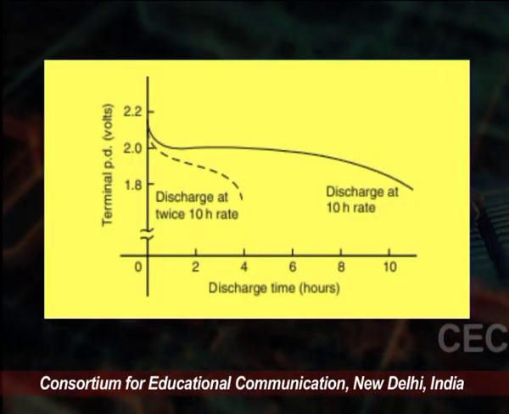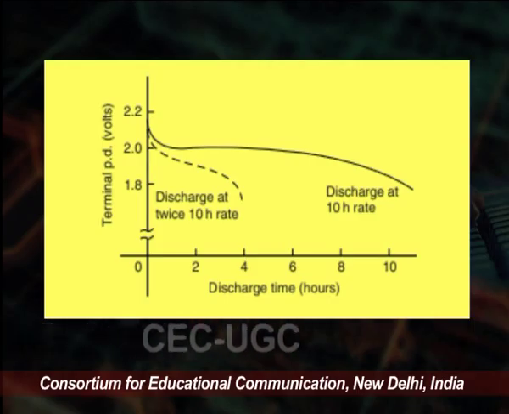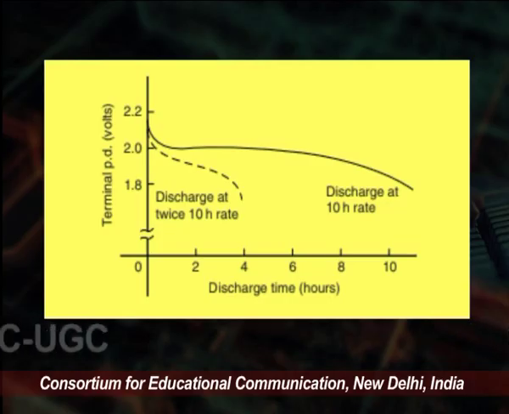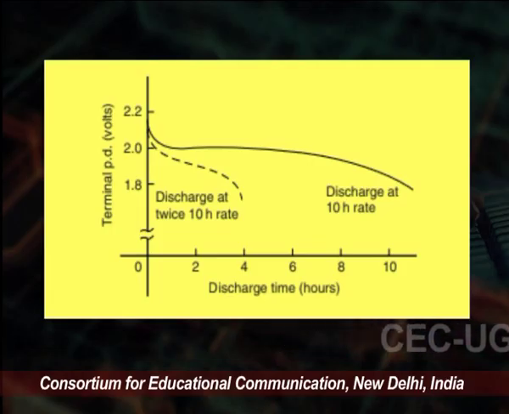Typically, discharge characteristics for a lead acid cell can be seen in the image. You can see here the discharge time in hours, and the terminal potential difference or voltage in volts, showing how it is discharged. You can see the discharge at twice the 10-hour rate, and here we have the discharge at the 10-hour rate.